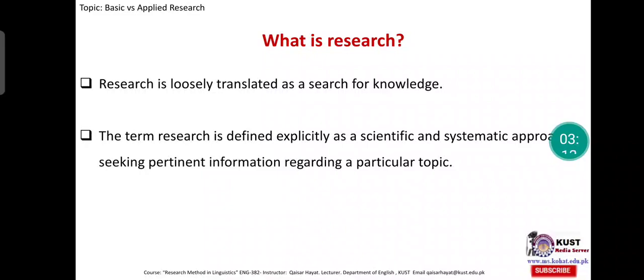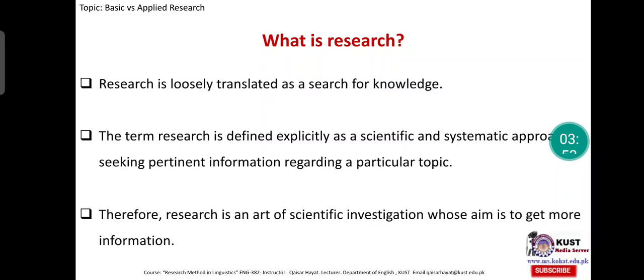Yes, student, for example, if you are working in linguistics and you are applying a scientific method and discovering new knowledge regarding language learning, language teaching, or language speaking, the use of language from different perspectives, definitely you would explore and discover new things. These new things are added into the already existing treasure of knowledge of that field. Definitely this is one of the services that a researcher can provide to society.